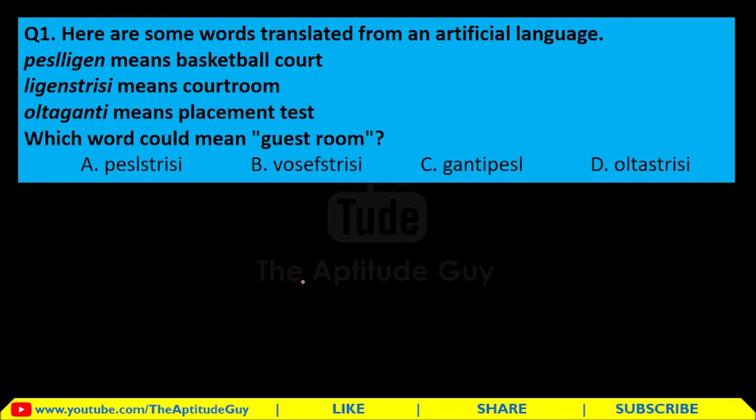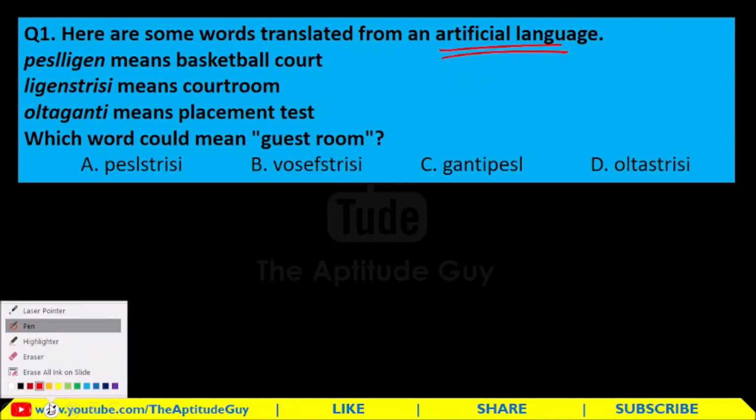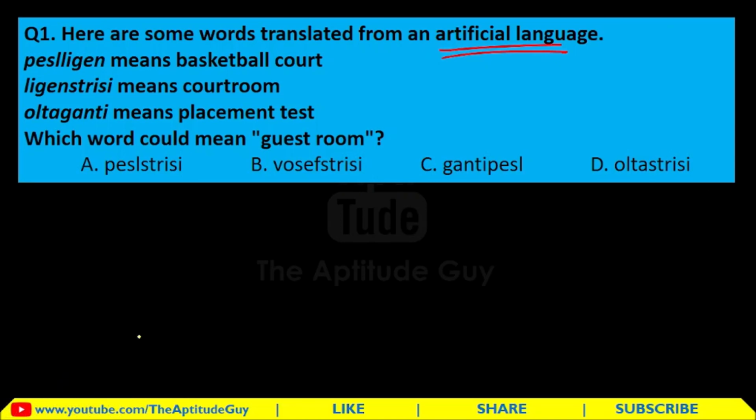In these types of questions, we will be dealing with artificial language. What do we mean by artificial language? If this word means this, and this word means this, then which word would mean guess true? That is the type of question.